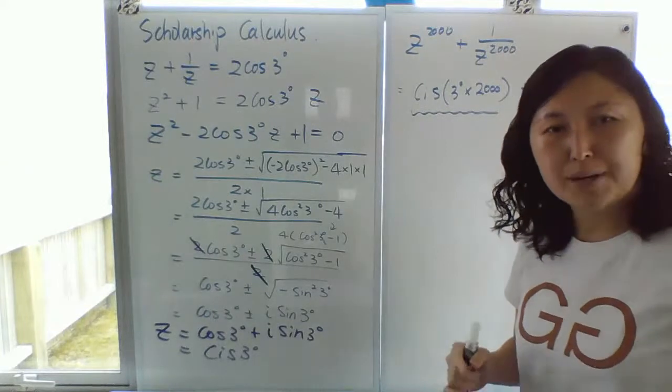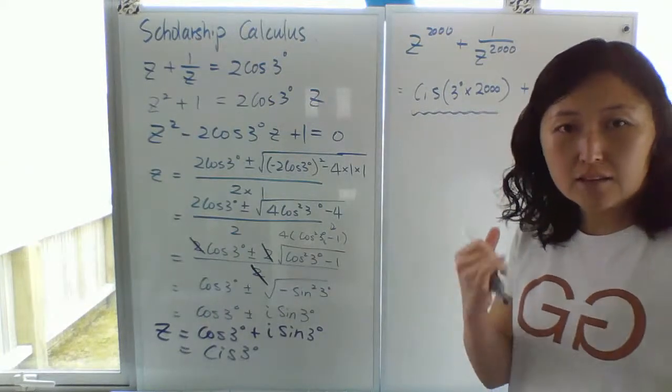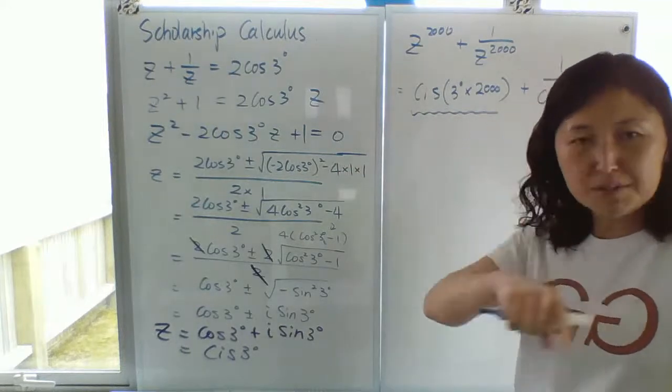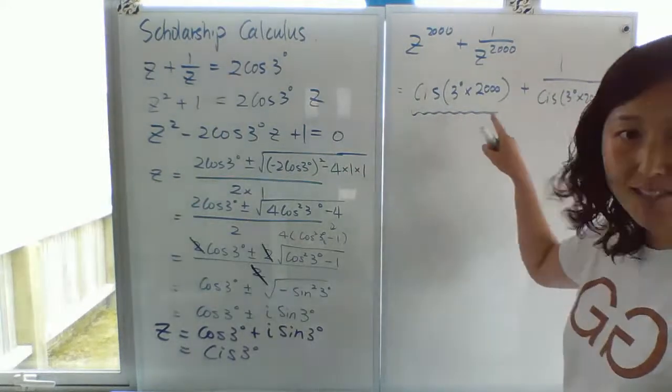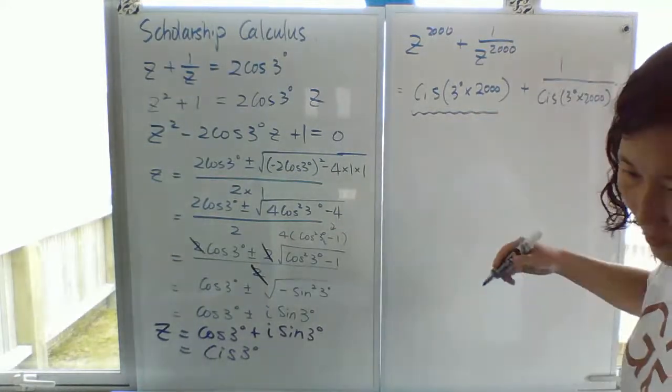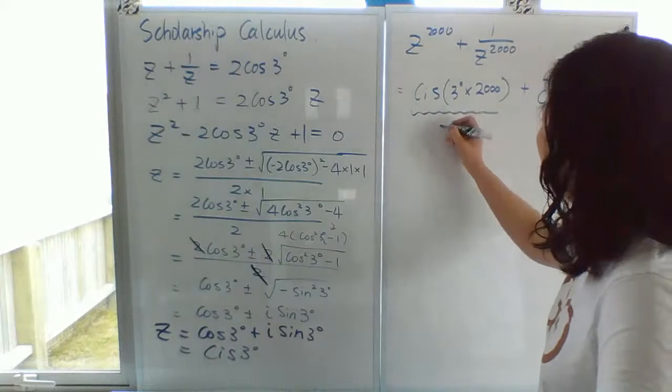But 3 degrees times 2000 will be 6,000 degrees. And think about how many revolutions 6,000 degrees is around. If we keep spinning, it's actually 16 full circles, and then plus 240 degrees. So I can rewrite this.